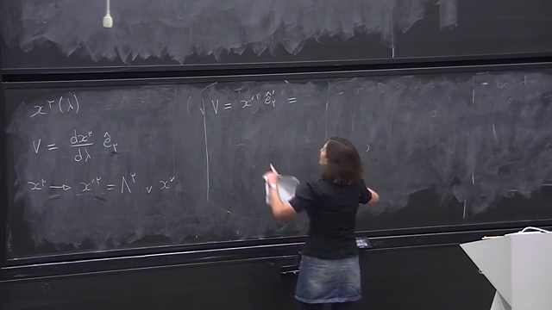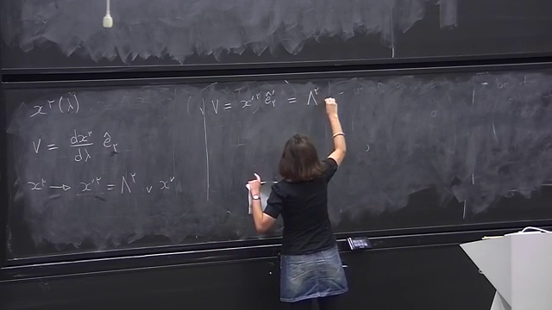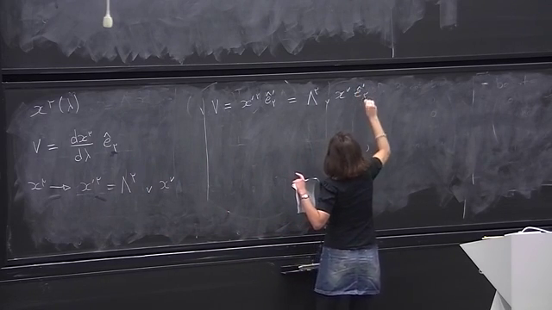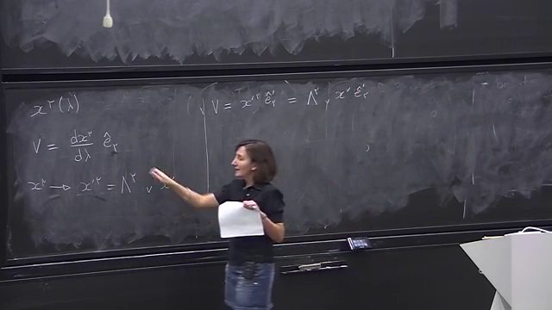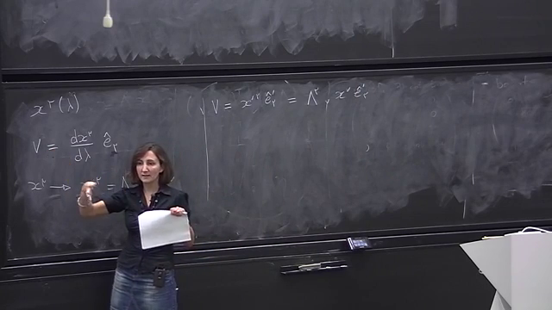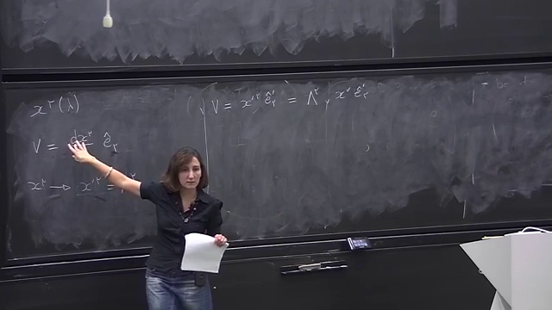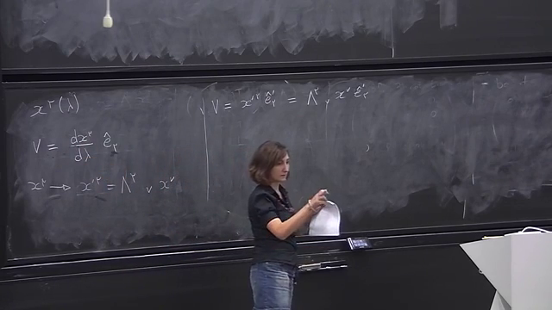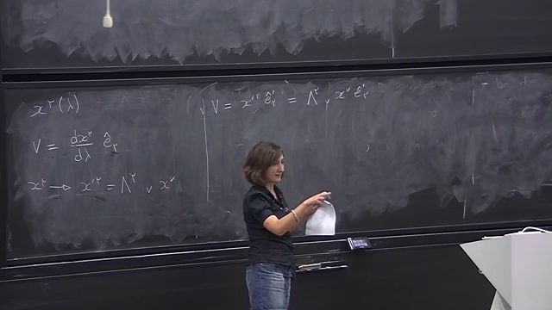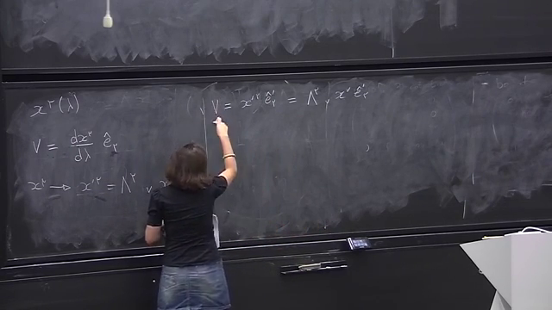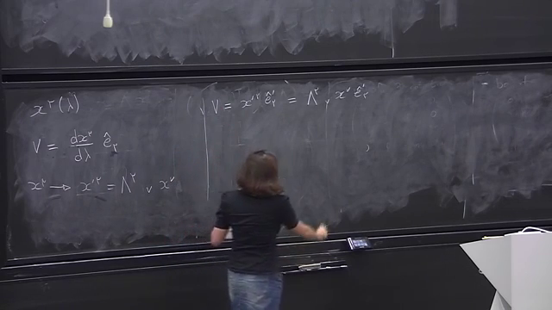But the tangent vector itself should not change. The curve remains the same. The tangent vector has no reason to change. I just changed my coordinates. So, a tangent vector itself should remain invariant.